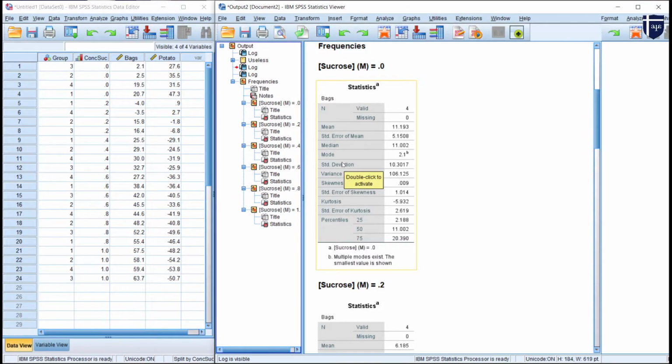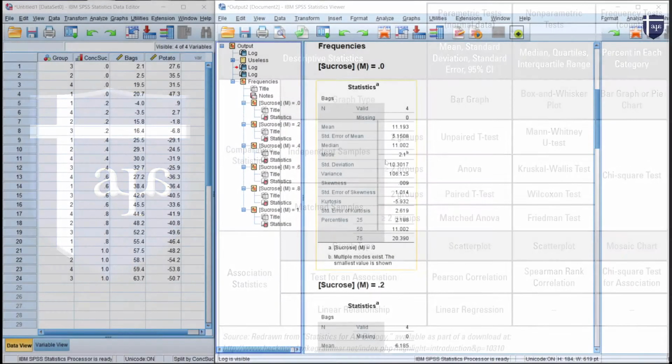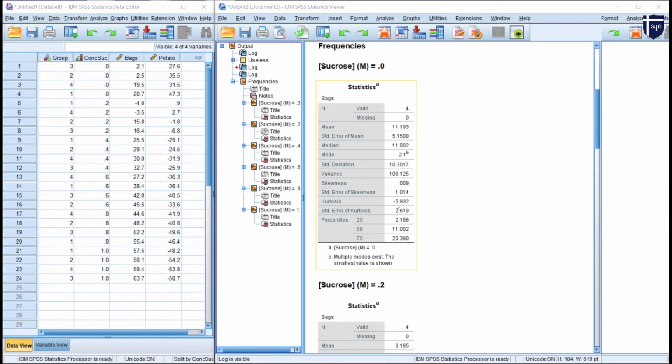You cannot run parametric statistics. You cannot go over here, look at this, and run an ANOVA, because in order to do that, you had to meet the rules. You had to meet the criteria and not violate the rules. But we did violate the rules. Going back to the stats, it is negative 5.9.